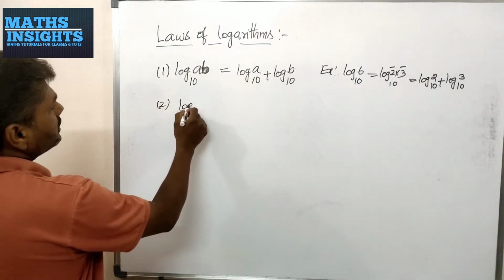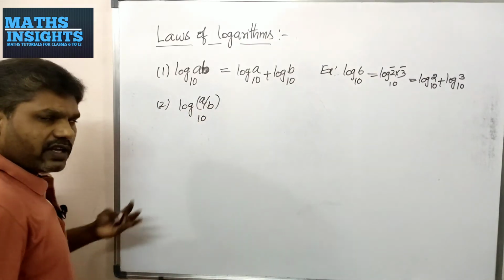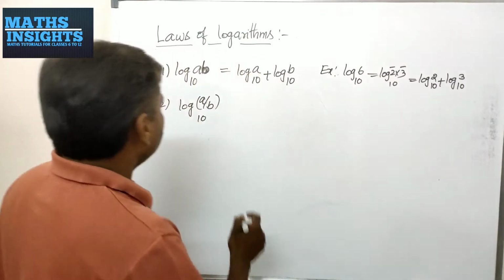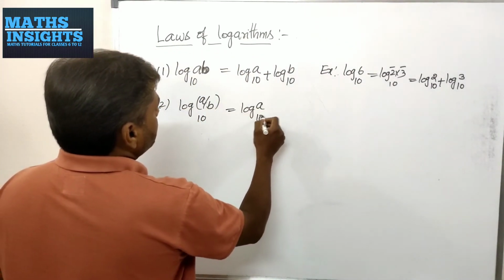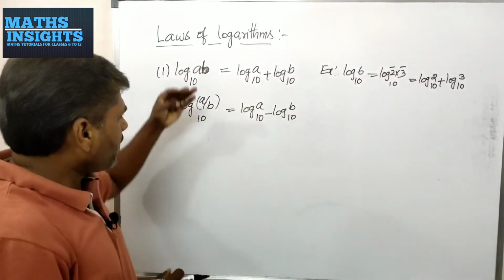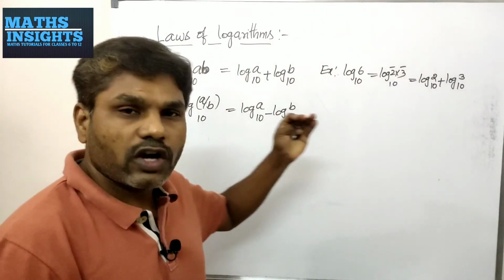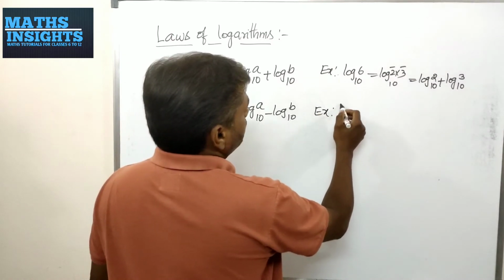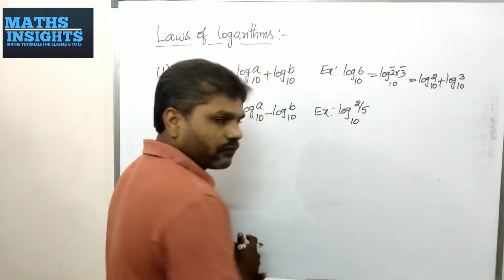Second one is log a by b base 10. I am taking base 10, you may take whatever base you like. That is equal to log a base 10 minus log b base 10. For this I will take the example log 2 by 5 base 10.